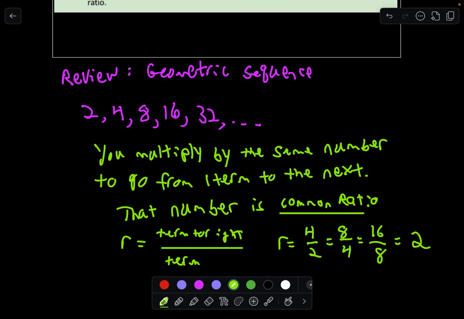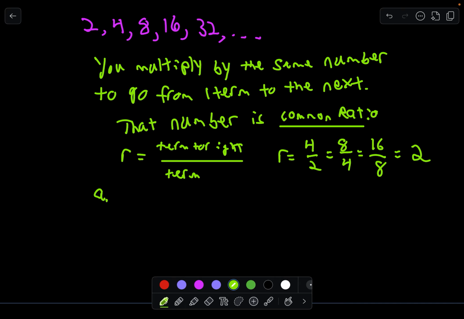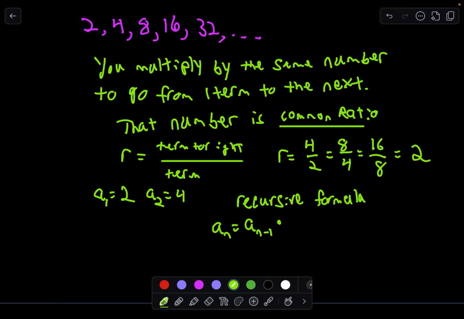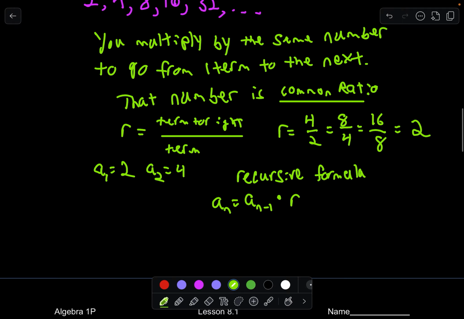And the first term in this sequence, A1, is equal, in this case, to 2, because I started off pretty easy. And then A2 is 4, and the recursive formula, which we've seen for arithmetic sequences, that's where you start with a number and then you add the same number each time, would be A sub n, that's the current term that you want, equals A sub n minus 1, that's the previous term, times R. And they have to give you a starting value.